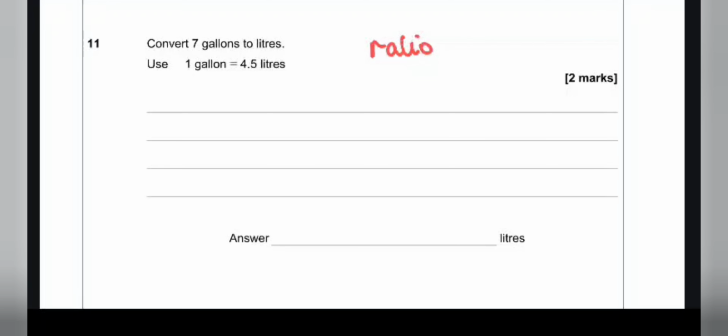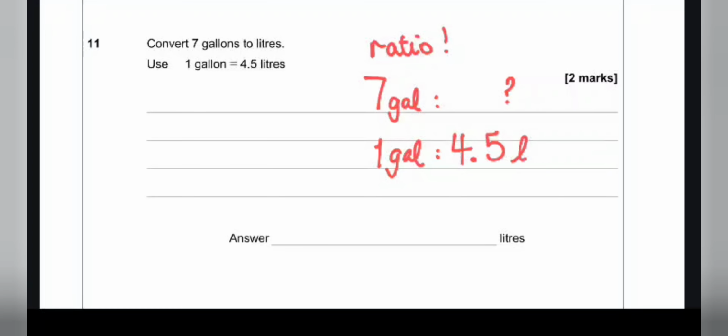Okay, question 11, converting. Now, whenever we convert from one unit to another, it's literally a ratio question. So write it out like a ratio question. You've got 7 gallons to some amount of liters, that's your job, is the same as 1 gallon to 4.5 liters. And then you can just look at what has happened. So from 1 gallon to 7, you times by 7, which means you need to do 4.5 times 7.